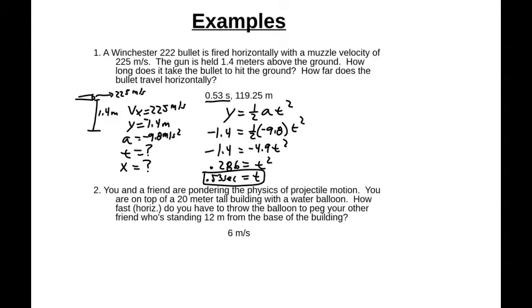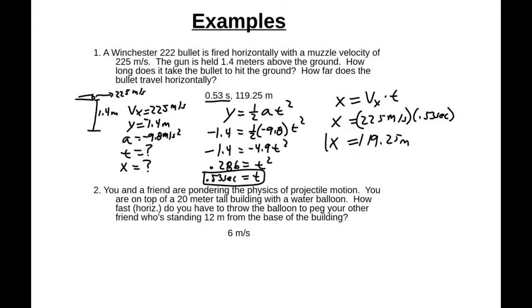Now, I also want to find x. Well, I know that x equals velocity in the x direction times time. So x is 225 times the time I just calculated, 0.53. So 225 times 0.53, I get 119.25 meters. So that checks out.